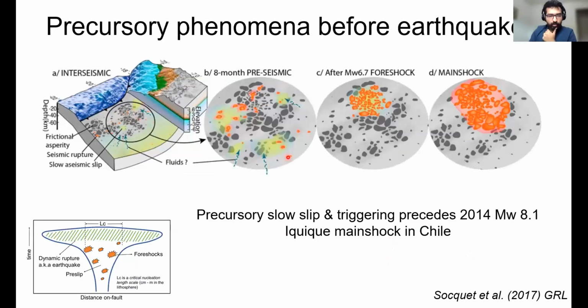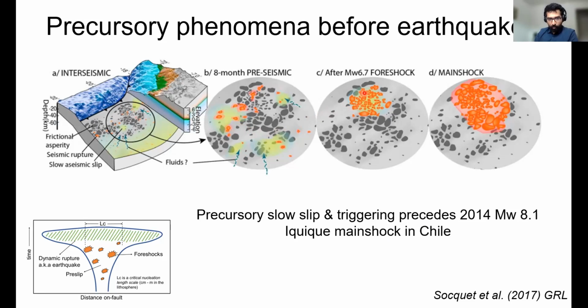So just to give some idea about the nucleation process and precursory deformation before earthquakes, I want to give you a couple of very different examples before a couple of very large earthquakes. For example, this is a nearly 8-month-long precursory slow slip and triggered seismicity that was leading up to the 2014 magnitude 8.1 Iquique main shock in Chile. There was a very long slow creep on the subduction plate interface.